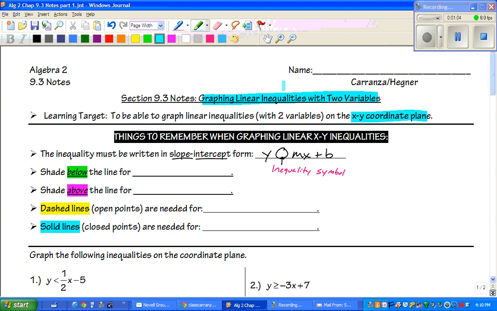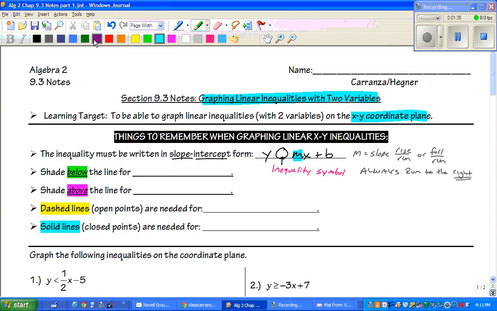Remember that m is your slope, rise over run or fall over run, and you always, always, always run to the right. Always try to go to the right first.